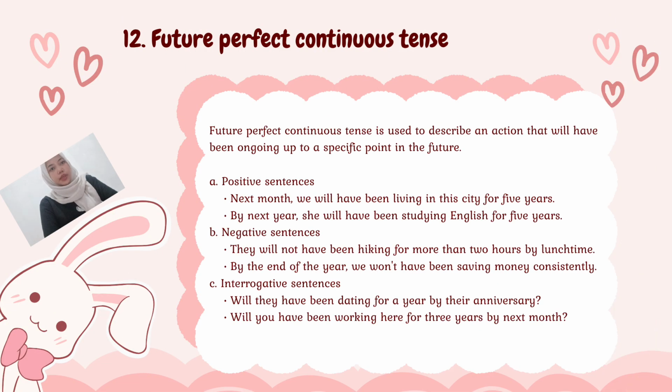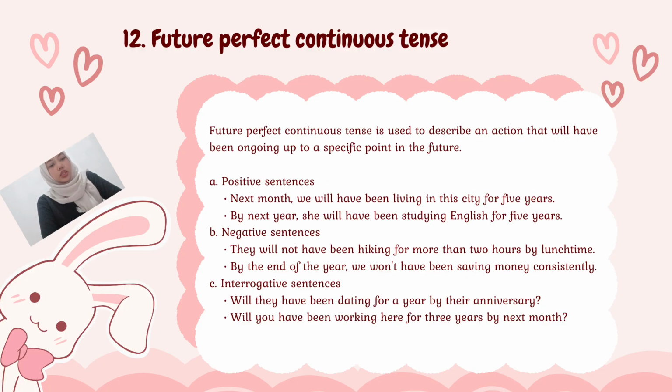Next, future perfect continuous tense. Future perfect continuous tense is used to describe an action that will have been ongoing up to a specific point in the future. For example, in positive sentence, next month we will have been living in the city for 5 years, and by next year, she will have been studying English for 5 years.